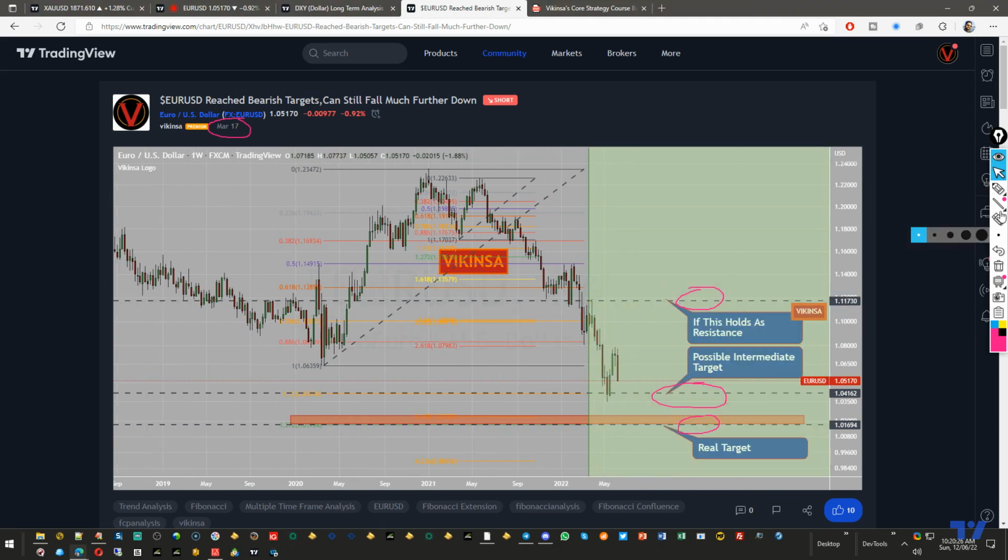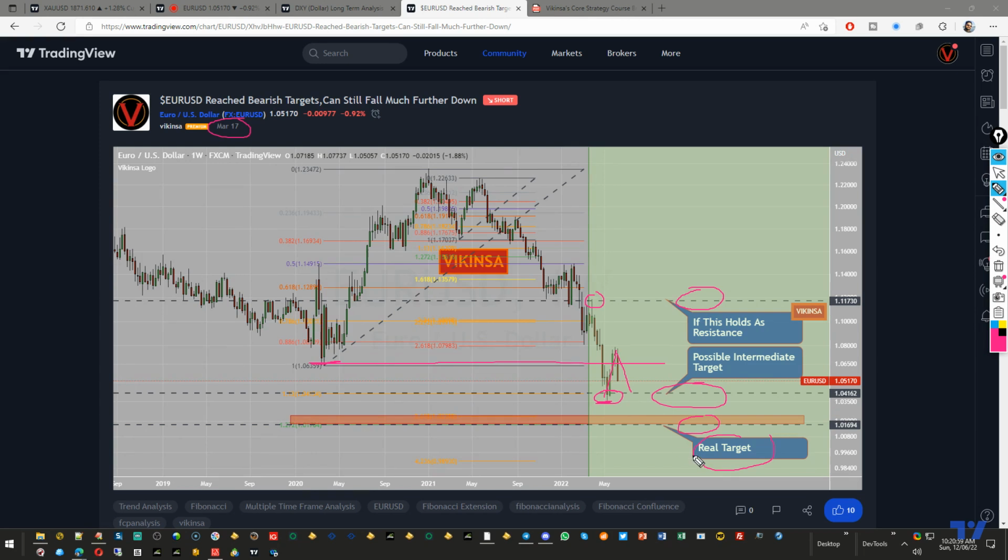It went higher into the same level, into that structure level 1.11730, got rejected from there and fell to our target right into 1.04162. Then after that it went higher to test the previous structure here, and it is falling down, which means that it can still continue to fall to our real target around 1.01694 if it breaks through the previous low here.